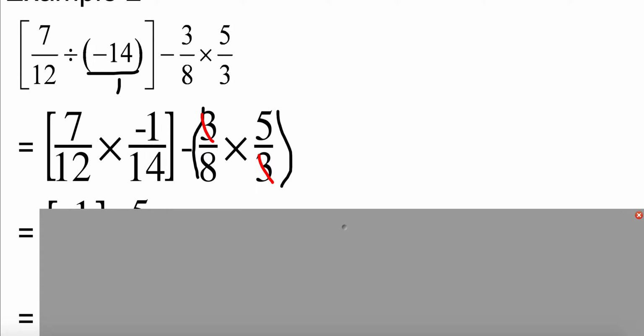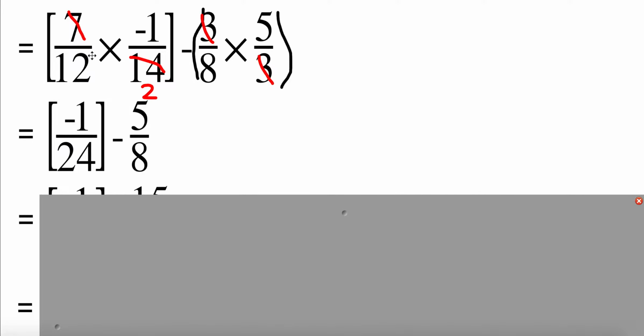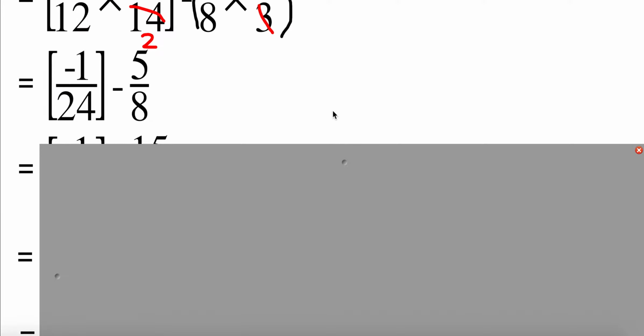So I'm going to cancel those 2 3's out, and I'll get 5 over 8 outside the brackets. But I'm also going to cancel this 7 with this 14, and I'm going to get a 2 right there. So what I'm left with is 1, or negative 1, and 24 minus 5 over 8.